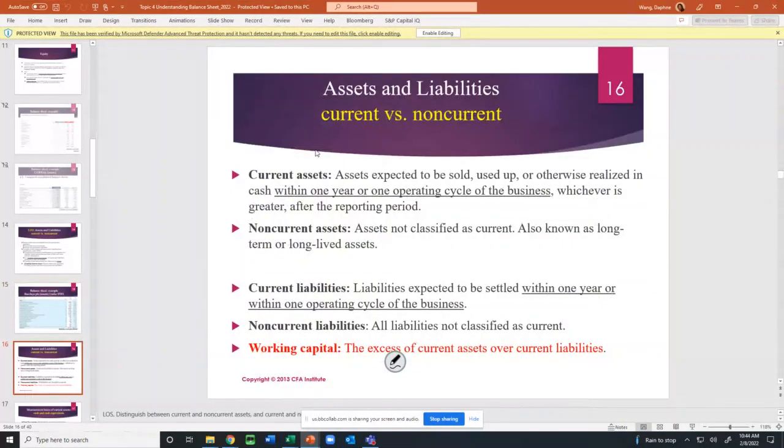Okay, so one accounting equation here comes from the current. There's a current asset and the current liability. If you use the current asset minus current liability, you get the net working capital. This is very important.